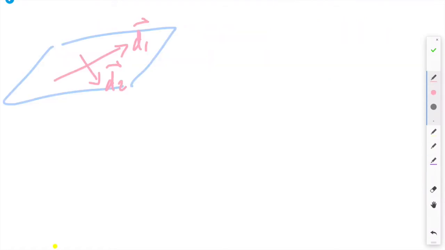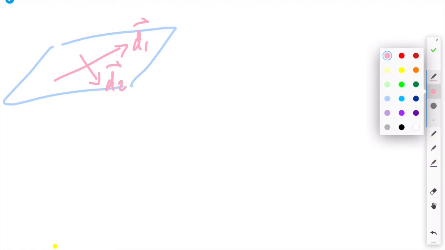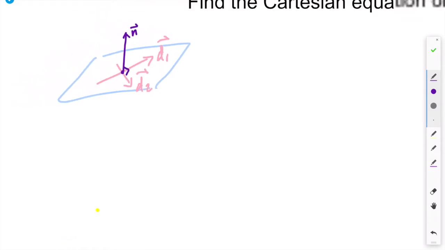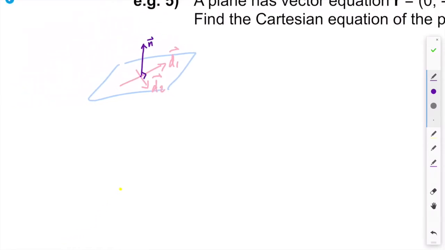What's nice about this is that when I want to turn this into a Cartesian equation, I need the normal of the plane, which is easy to find because the normal must be perpendicular to the plane, meaning that it must be a scalar multiple of the cross product of d1 cross d2.